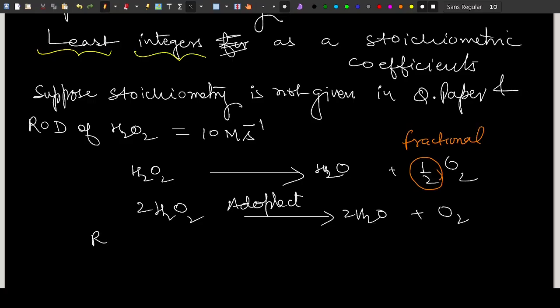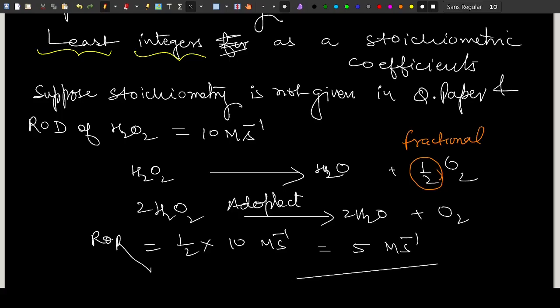So we can say rate of reaction is equal to 1 upon 2 into 10 mole per liter per second. So it is 5 mole per liter per second. This is the right answer in the JEE Main exam and NEET-UG exam. Thank you very much. Thanks a lot.